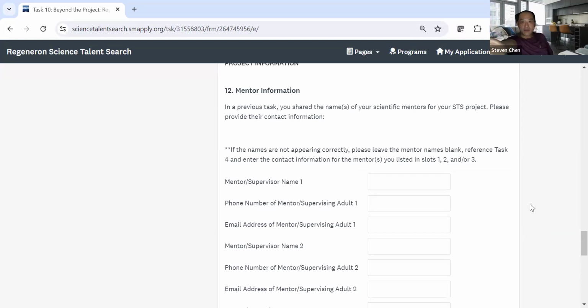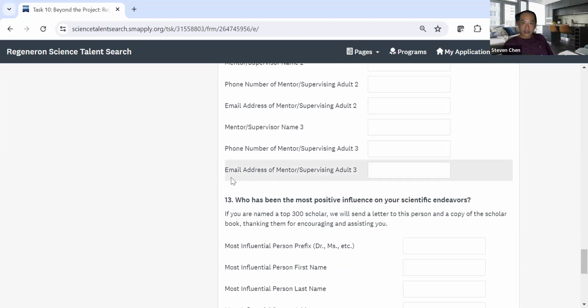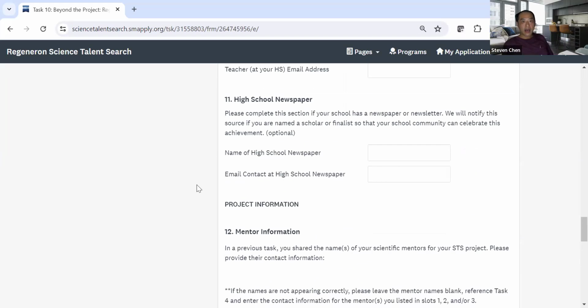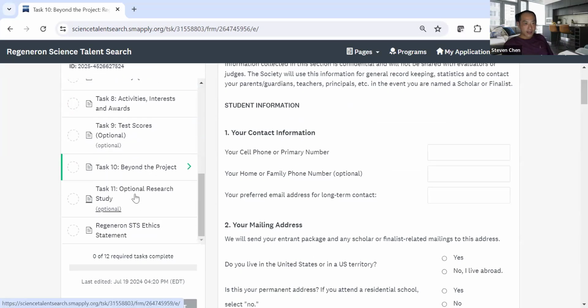But if you choose someone else in part 2, in this part you still need to provide your mentor's information. If these are two different people, people will question why you didn't ask your mentor to write the letter, so you'll be in trouble. Okay, so this is this part. I think this is very basic.